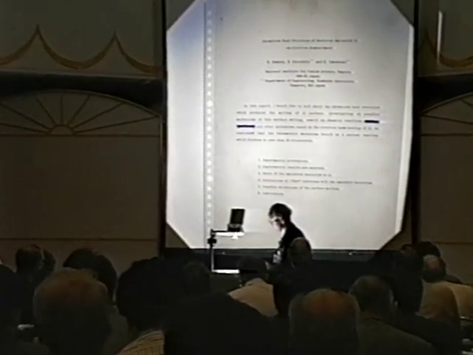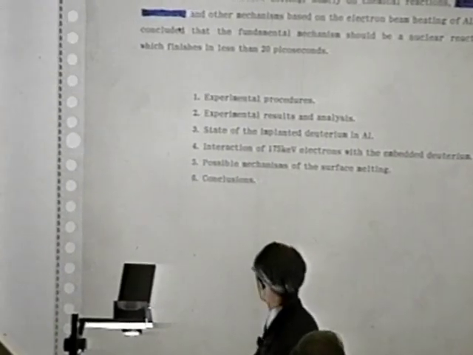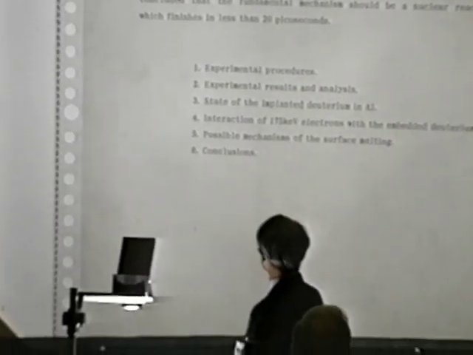I'm now talking about the anomalous heat evolution of deuterium implanted aluminium, not palladium, on electron bombardment. In this report, I'd like to talk about the anomalous heat evolution which produces the melting of the aluminum surface.